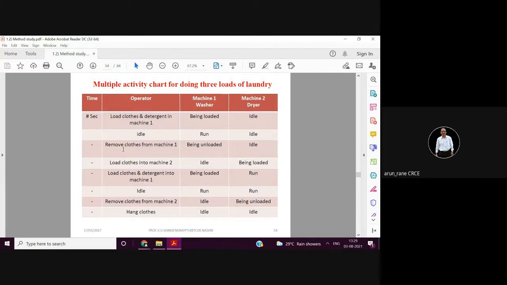Then now operator यहाँ पे is removing the clothes from machine 1. This is being unloaded, so this is idle. Then load the clothes into machine 2. So this is idle and this is being loaded. Load the clothes and detergent into machine 1. So this is loaded, this is run.